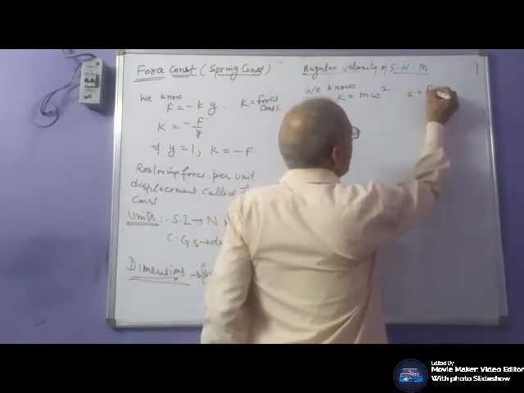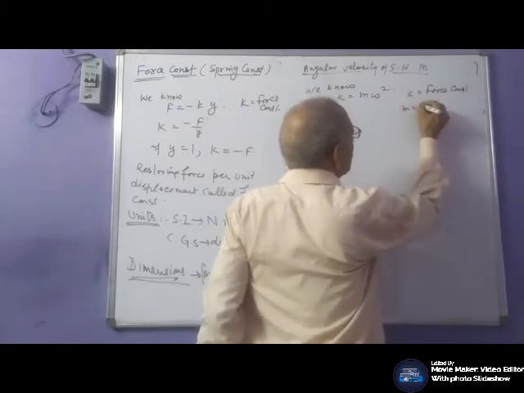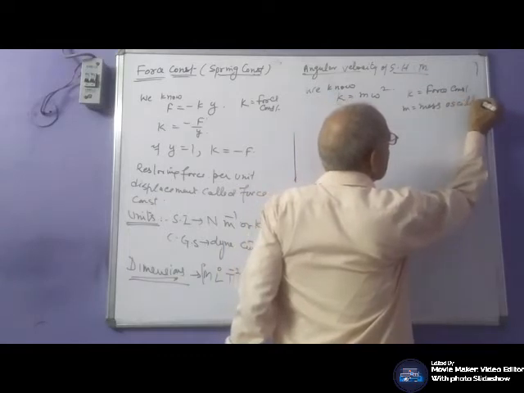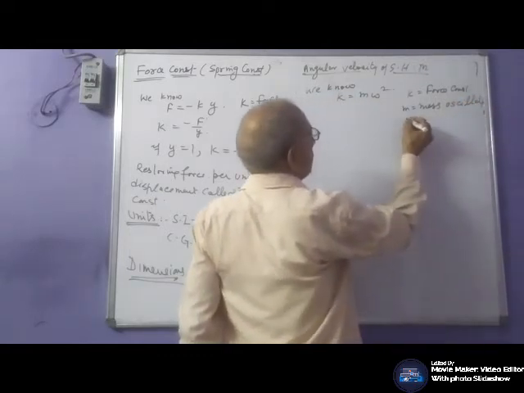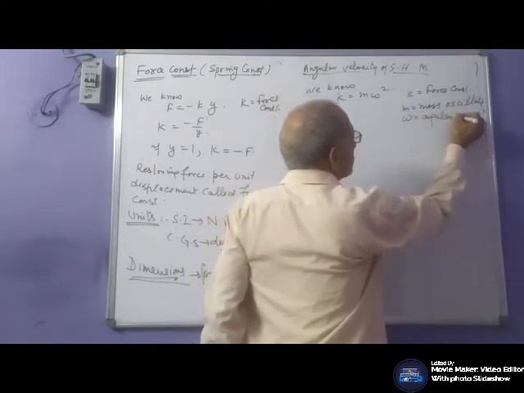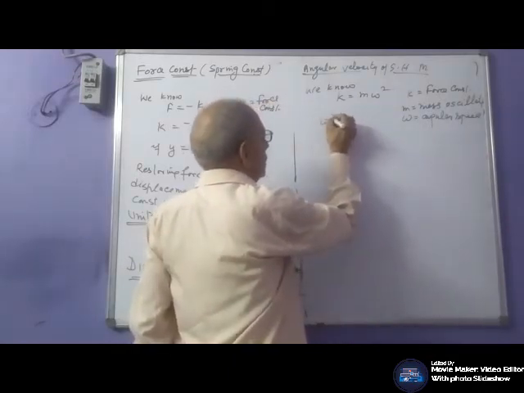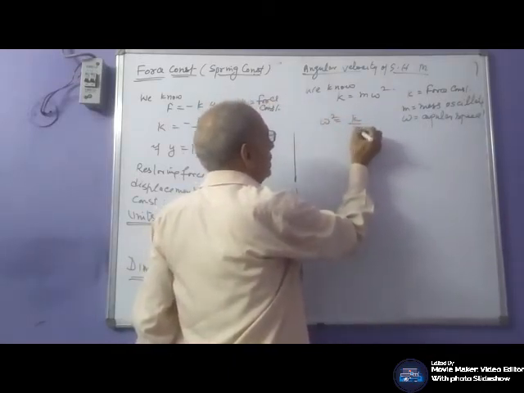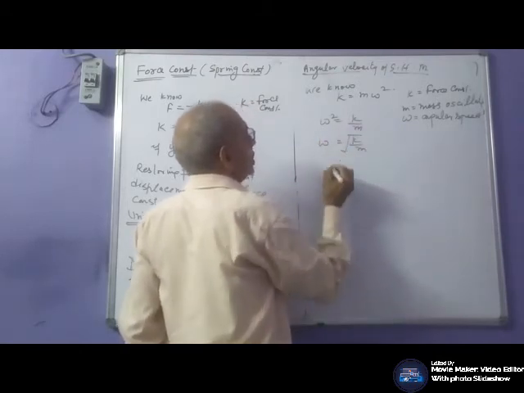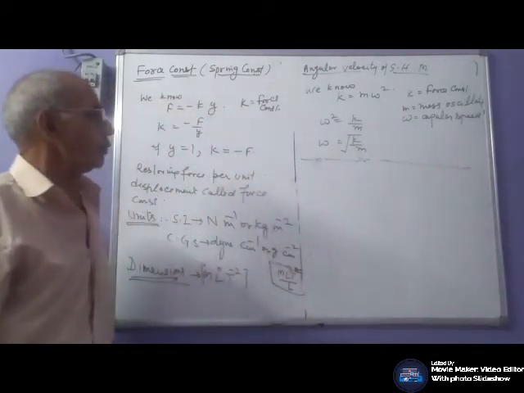K is force constant, m is mass oscillating, omega is angular speed. So omega square is K by m, omega is root of K by m, the angular velocity of S.H.M.